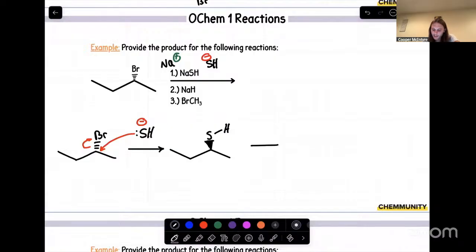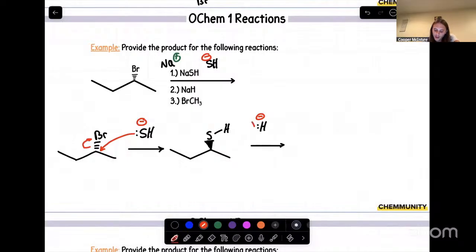And then in step two, what do we have? We have sodium hydride. Sodium, also a spectator ion with a positive charge. And then we have our hydride, which is a super strong base. So since we have a super strong base right here, we do have a proton that's bonded to our sulfur that we can go through and snag because this will be decently acidic in terms of the super strong base that we have.